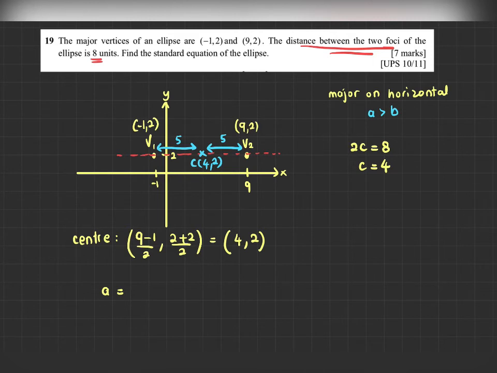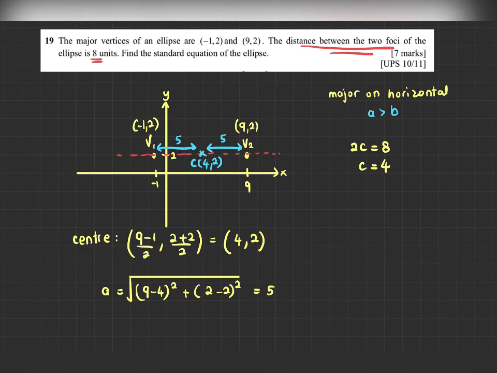You can find the value of A by using length of here ataupun kita gunakan formula distance. So saya gunakan formula distance lah sebab kita dah selalu guna formula distance kan. So kejap. 9 tolak 4 square plus 2 tolak 2 square. Square root kan dia. Berapa ni? Dapatlah 5. Kan?